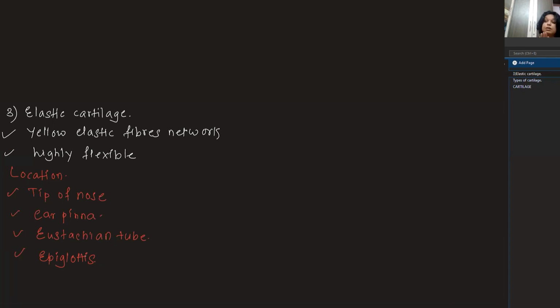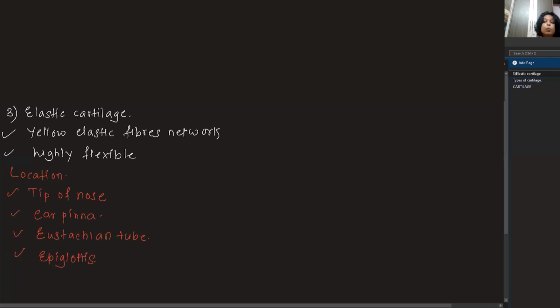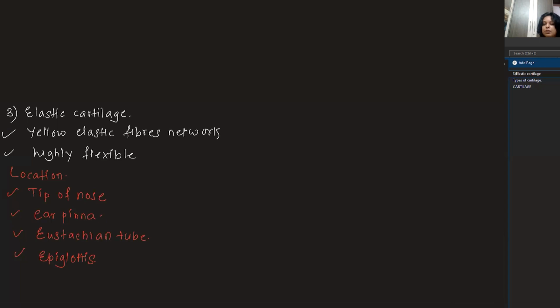Epiglottis covers the glottis, that is opening of our windpipe, while we are swallowing something, so that there should not be accidental entry of food into our windpipe. So we have seen here elastic cartilage location. It is found at the tip of nose, ear pinna, eustachian tube, and epiglottis.